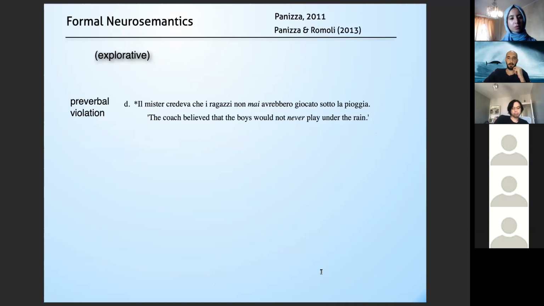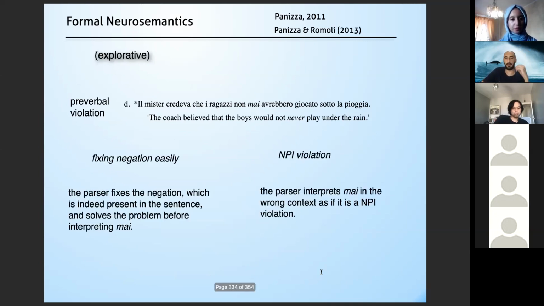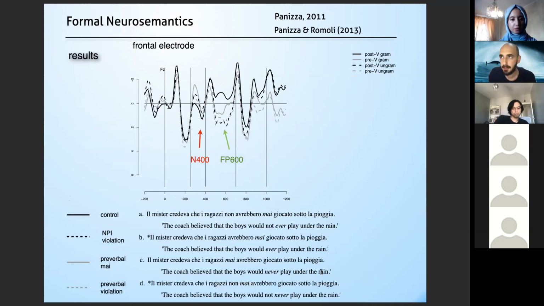Then we have this condition, which is explorative, and I'm not going to go into these details. I'm just going to give you the results. Now you should be a little bit more familiar with this kind of ERP waves. This is very nice because you see the timing here, you see the microvolts, negativity is plotted upwards, and this is the frontal electrode.